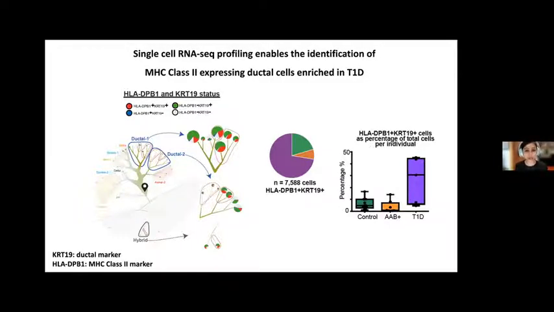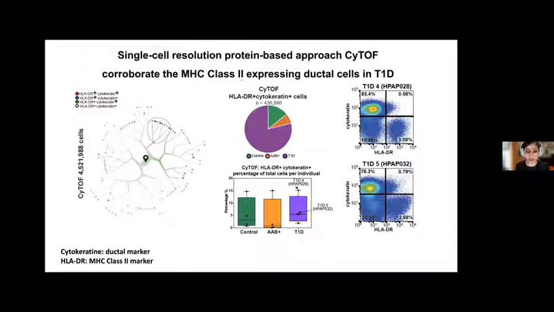In particular, we first noticed from the single-cell RNA-seq data, which is unbiased and measures all the genes, that the ductal cells express MHC class II proteins, which is usually a cell surface marker for antigen-presenting cells such as dendritic cells. We were able to find these cells across all donors, but quantitatively found their increased frequency in type 1D individuals.